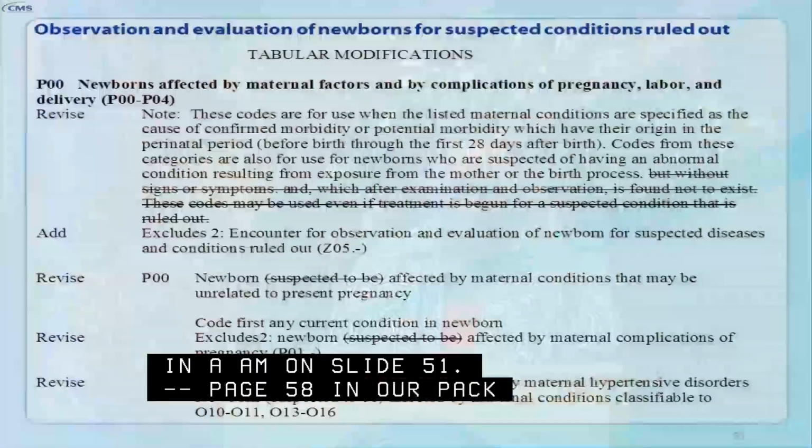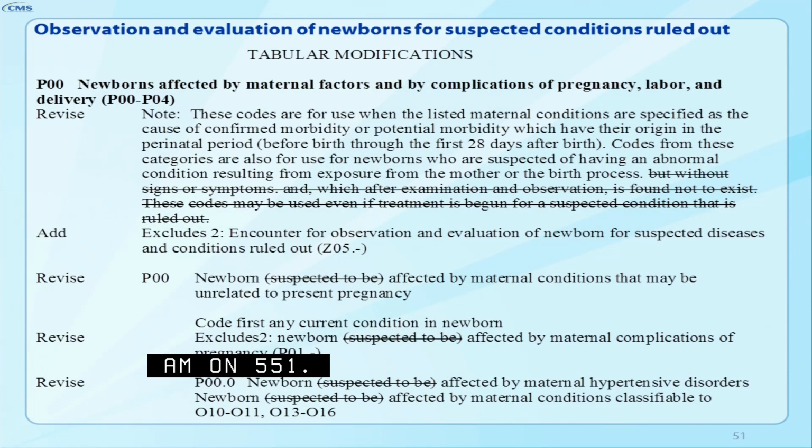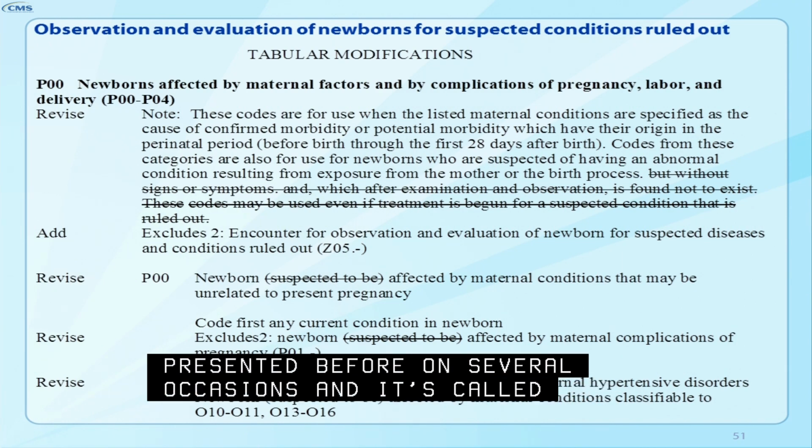Okay, I'm back. Now we're on page 58 in our package, and it's also on slide number 51. This is a topic that has been presented before on several occasions, and it's called Observation and Evaluation of Newborn for Suspected Conditions Ruled Out.